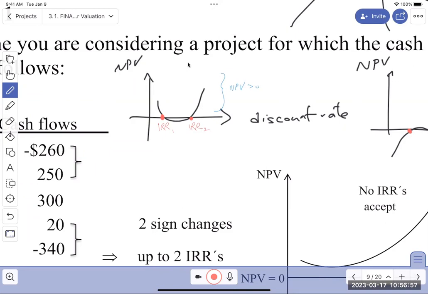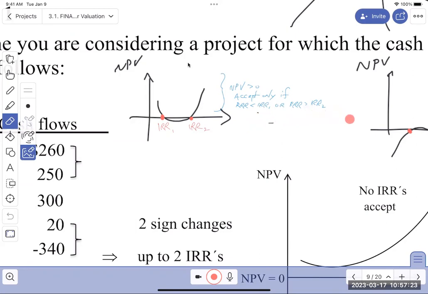So you should only invest in those two cases. You should only invest where it's positive. So as long as the required rate of return is less than the internal rate of return number one, or the required rate of return is greater than the internal rate of return two, should you invest in this project.